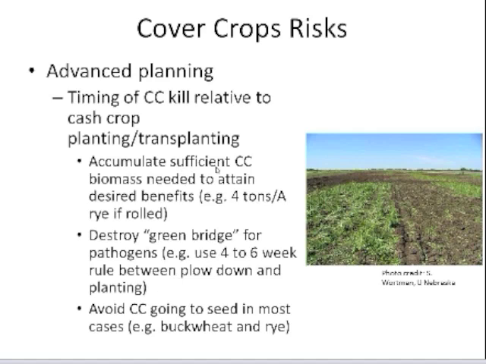You need to accumulate sufficient cover crop biomass to attain the desired benefits. As I mentioned before, you need about 4 tons per acre of rye if you're going to roll it to get good disease control. So you want to let it grow long enough, and you also need to get it to a developmental stage where it will actually break when you roll it.